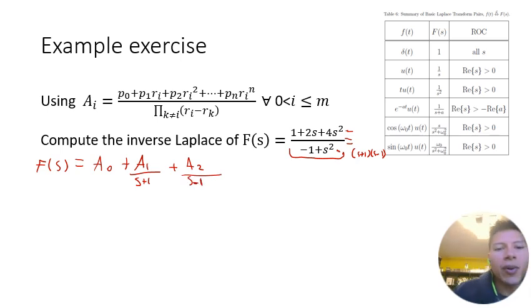Okay, so let's find a1. What we're going to do to find a1 is multiply both sides by s plus 1.